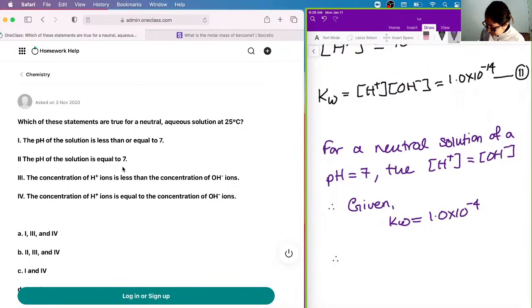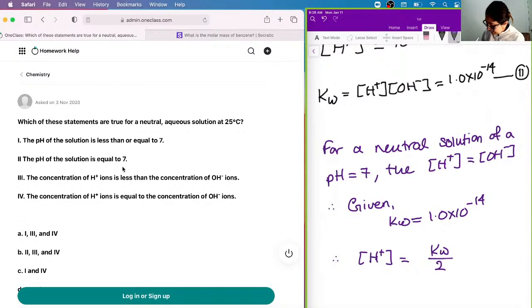We can say that your hydrogen ions are equal to your Kw over 2.